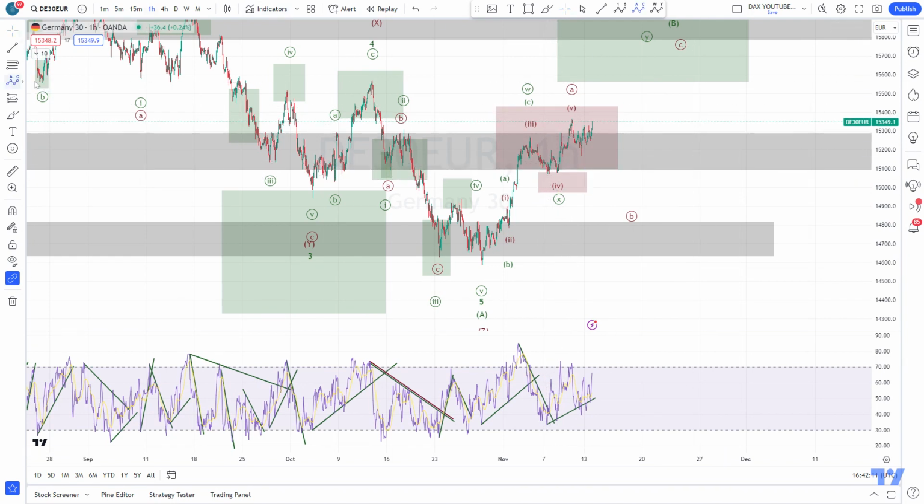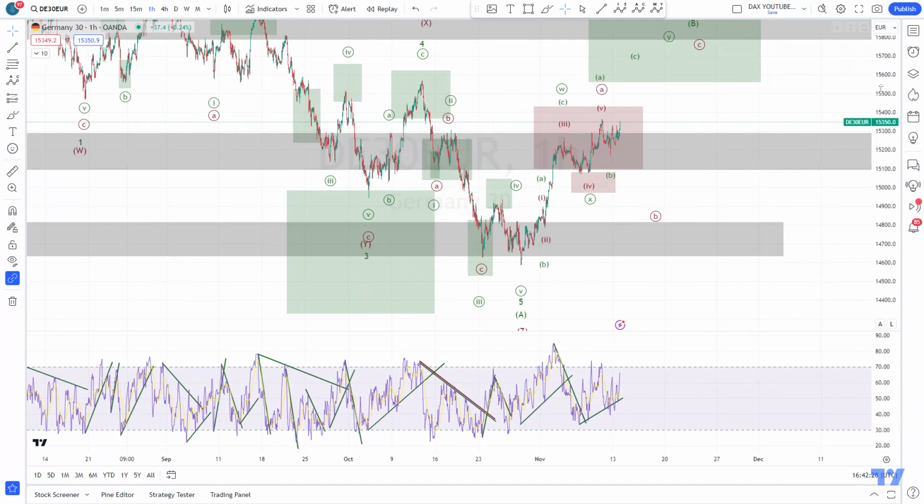And what we would get then is the structure right here. This is our wave A, this is the wave B, and now we get another impulse up as a wave C, like this.